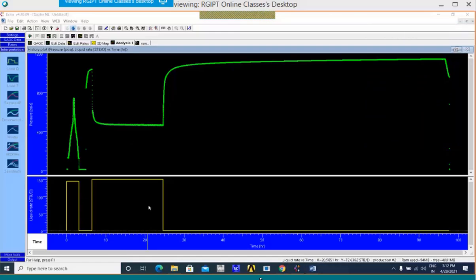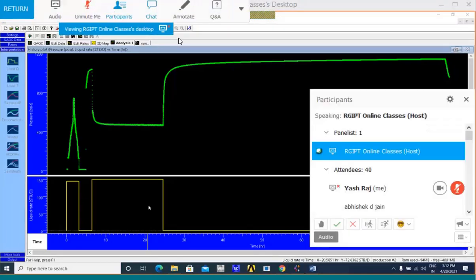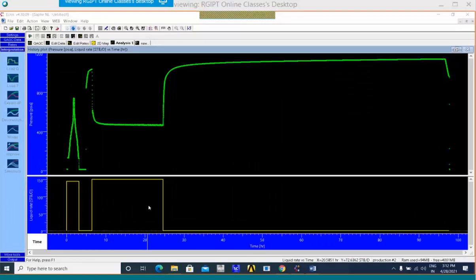In this, I can see there is one buildup here, another pressure buildup is here. So based on the pressure data, we actually have two pressure buildup data, PBUs. One you can clearly see has a problem and it cannot be synchronized. It may be because of a sensor problem. But the second one, we will use to diagnose the reservoir.